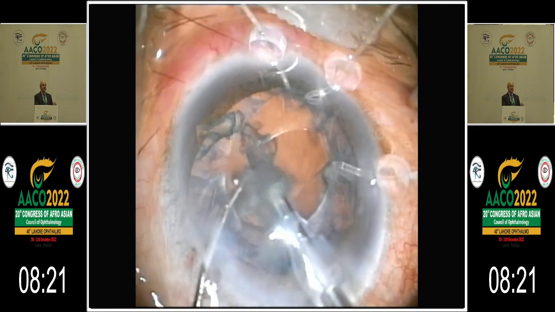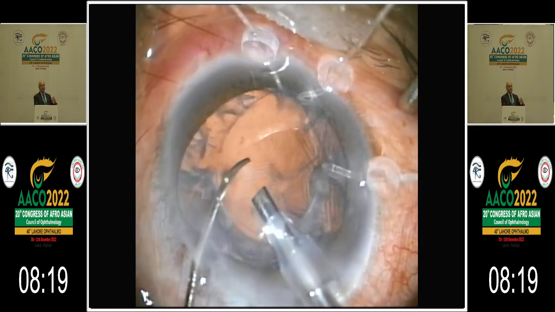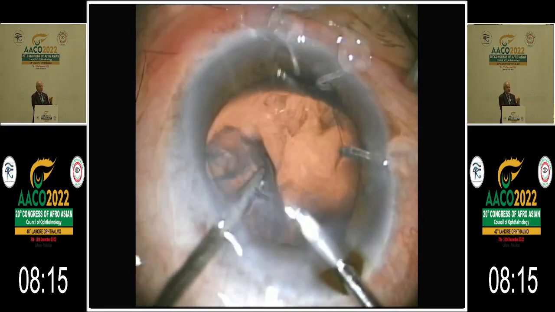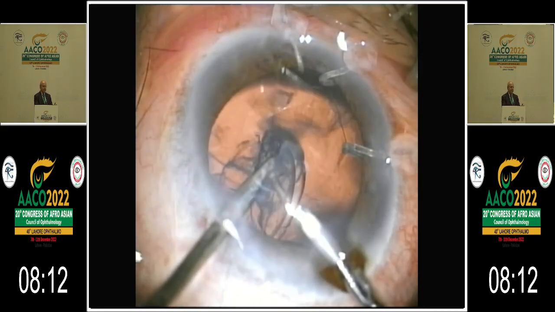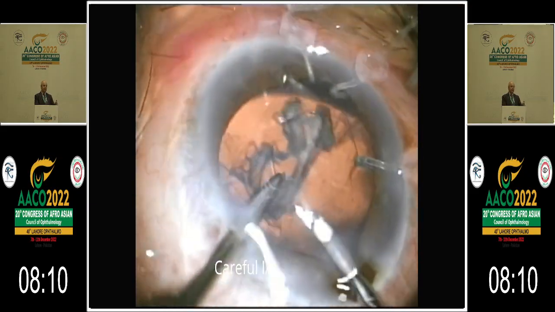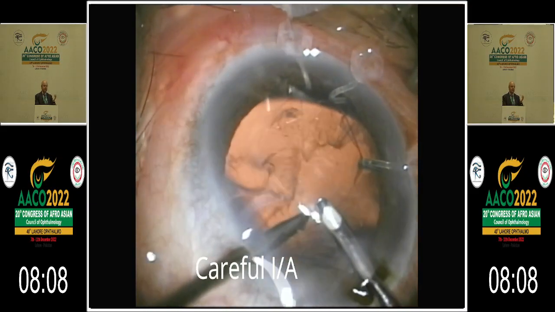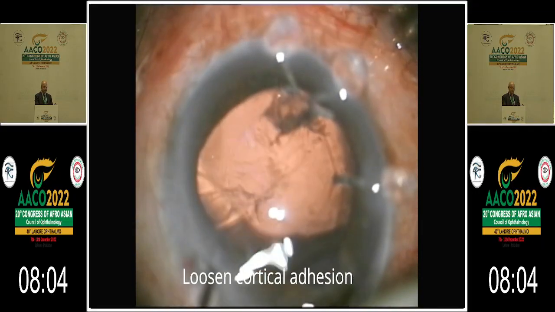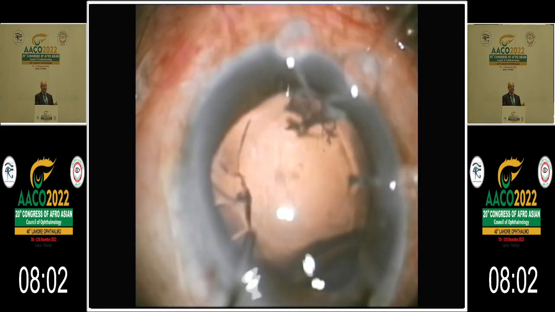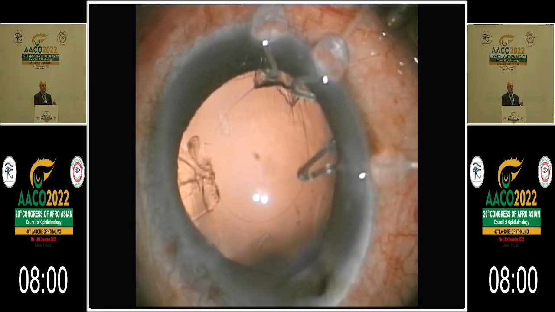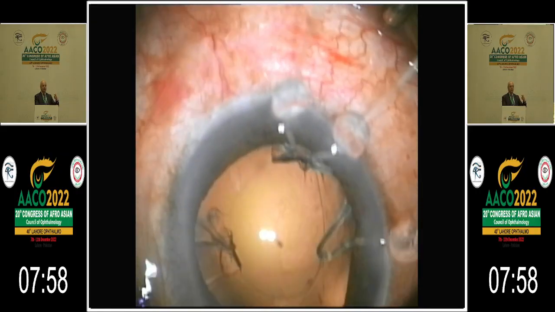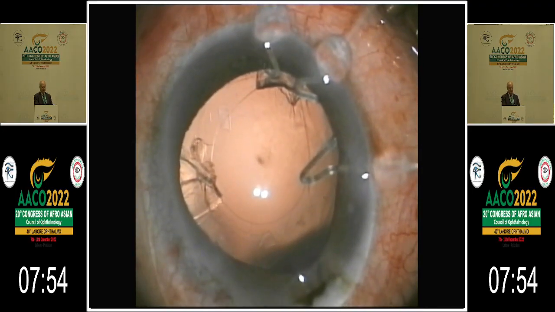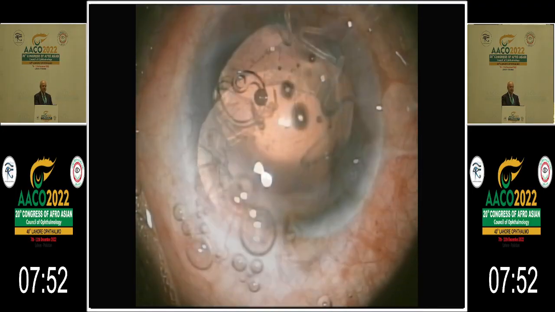As you can see, the main player is vacuum, and ultrasound just helps you to aspirate. If you have a prolapse of the iris like I'm having here, just don't reposit the iris. I'm continuing the irrigation aspiration and splashing the posterior capsule just to loosen the cortex. I don't want to manipulate more because I don't want to insult the area of zonulysis.